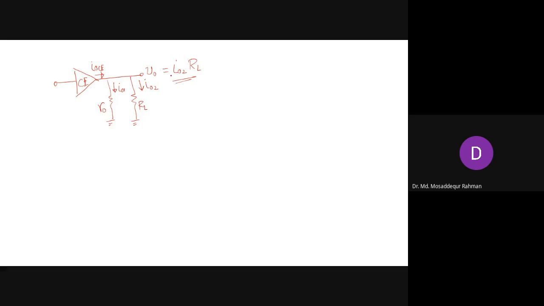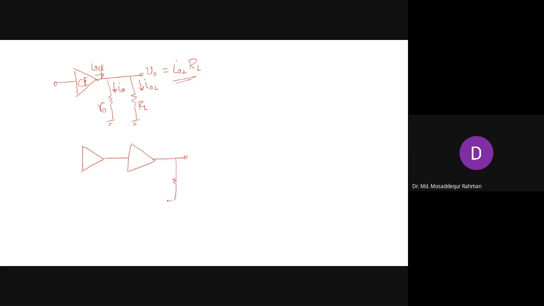So since part of this current goes into the unknown, this current is shared by these two resistors. So you get less current in R L, right? So that reduces your voltage and the overall gain to some extent. Instead, if you had got all the current into R L, that would have given you higher gain, higher voltage. So that's what is achieved using this cascade configuration, the common emitter and common base.